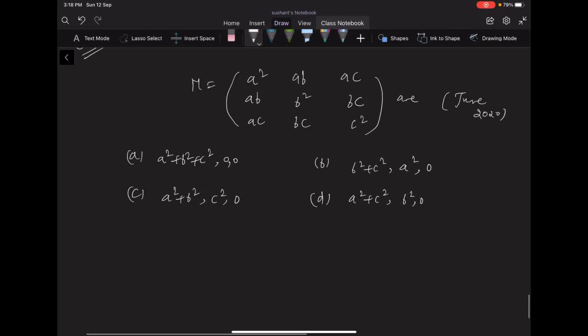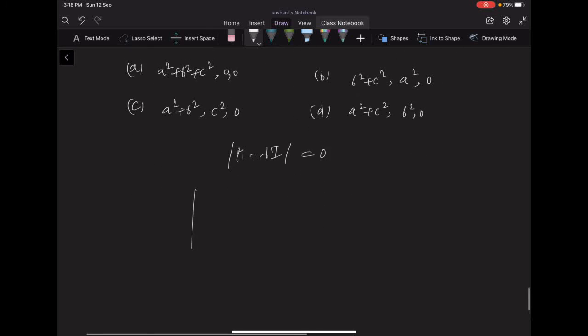To get the eigenvalues of this matrix M, we have to solve the characteristic equation: determinant of M minus lambda I equals 0. So here, A square minus lambda, B square minus lambda, C square minus lambda, AB, AC, AB, AC, BC equals 0.